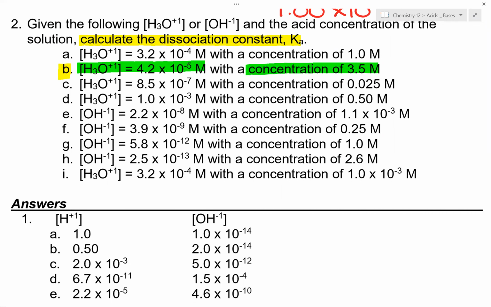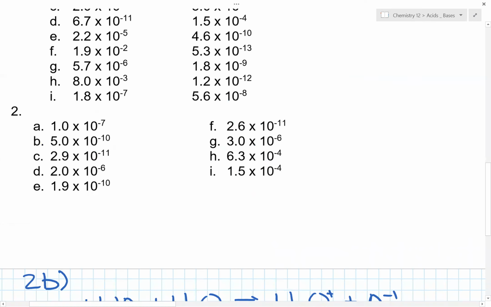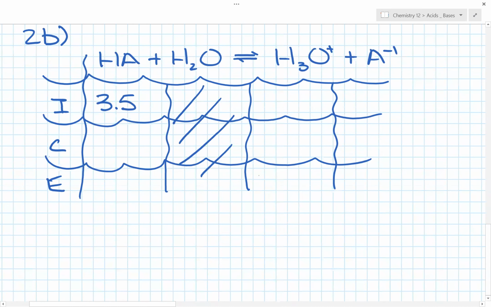Where do you put that? The 4.2 times 10 to the negative 5 is at equilibrium. Whenever they give you the concentration of H3O plus for a weak acid or a weak base, it is after dissociation, after it reaches equilibrium. So here you start off with 0.